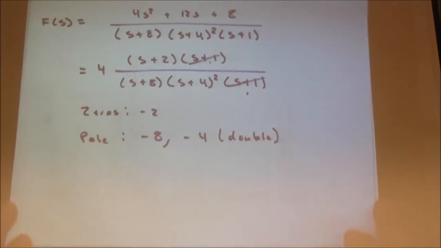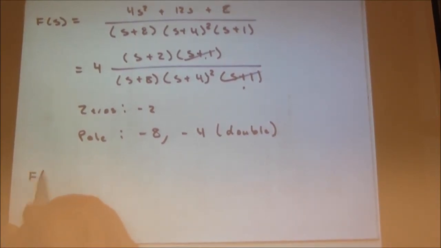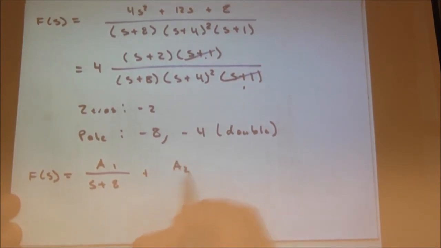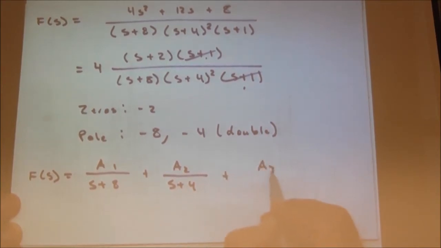Well, how do we do partial fraction expansion here? This is still some A1 over s plus 8 plus an A2 over s plus 4 plus an A3 over s plus 4 squared.